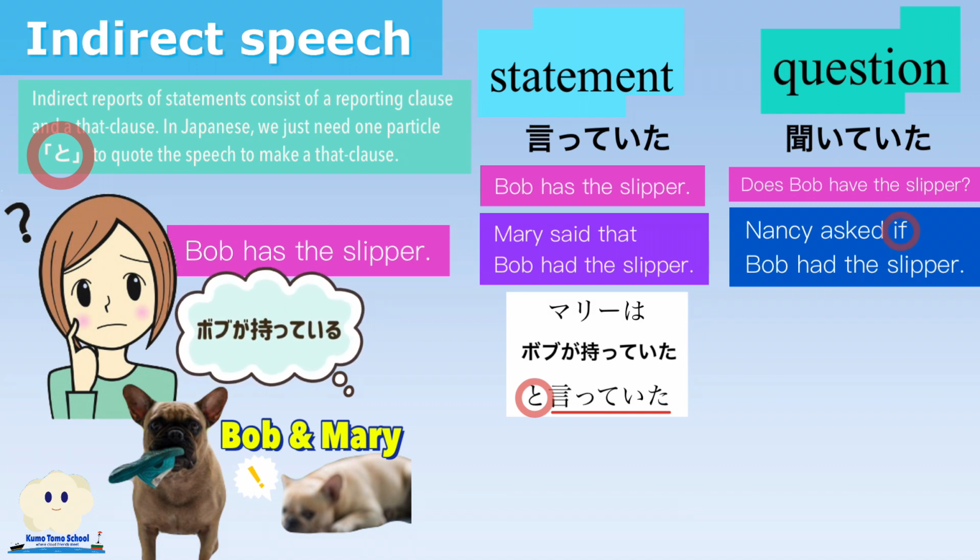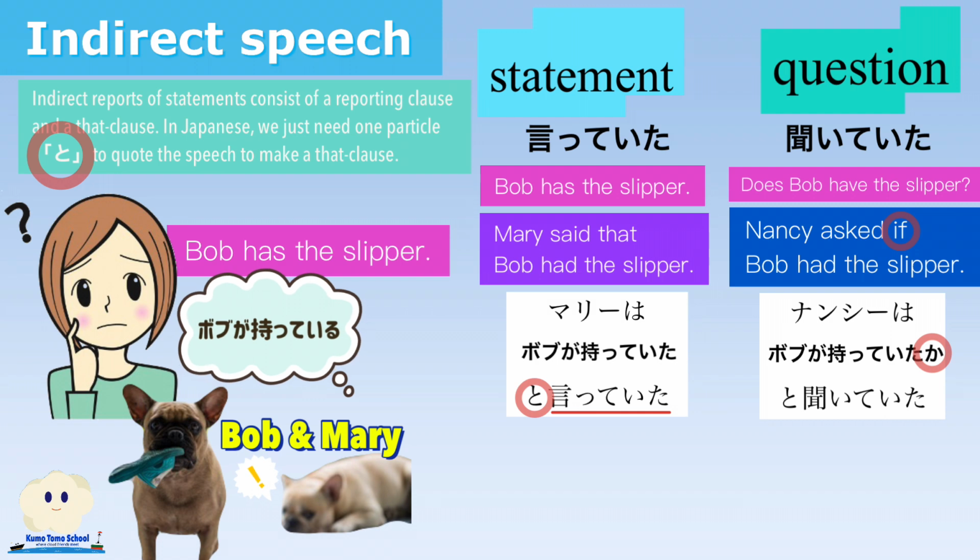In Japanese, to form a question, put か particle at the end of the sentence. ボブが持っていたか。ナンシーはと聞いていた。ナンシーはボブが持っていたかと聞いていた。In Japanese, you can leave out the subject if it's obvious from the context.